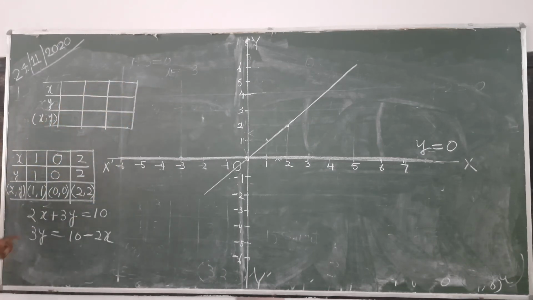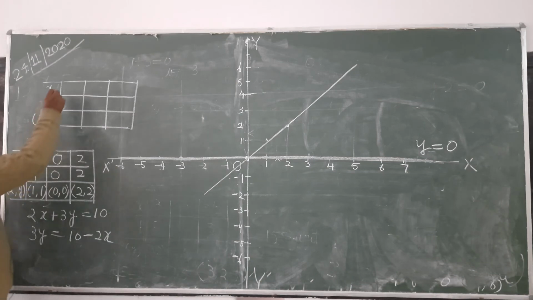Now see here, you take such a value of x so that you get a number which is in the table of 9, table of 3. So you take x equals to 1 by 2. X equals to 1 by 2, it will be equal to what? 2x will be 1, 10 minus 1 is 9, 9 upon 3 is 3, that is 1 upon 2 comma 3.